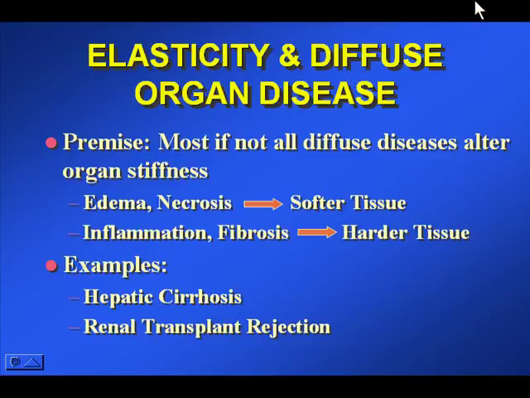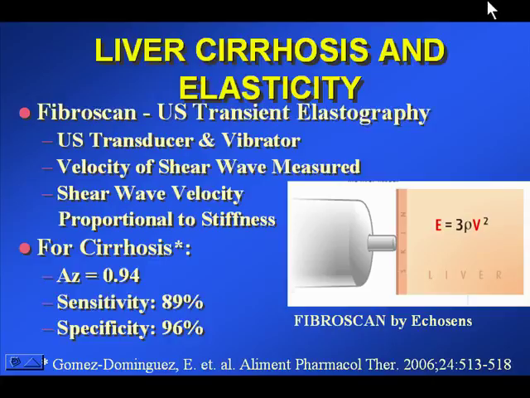There's a non-imaging device that has been extensively studied for evaluation of liver cirrhosis. That is the FibroScan produced by a French company called Echosens. This transducer is placed up against the abdominal wall between ribs, and a pulse of ultrasound energy is sent into the liver to image the change in liver caused by the vibration of the transducer.